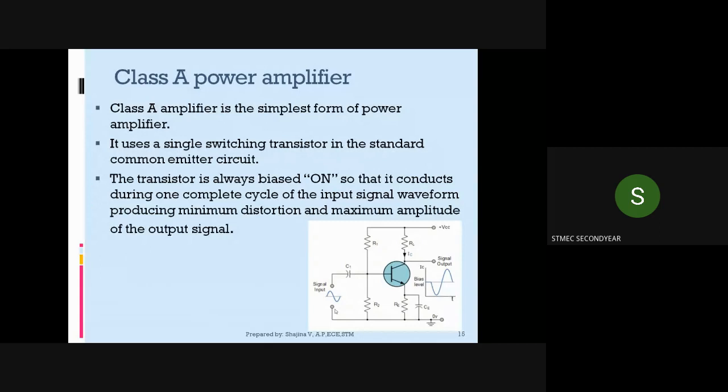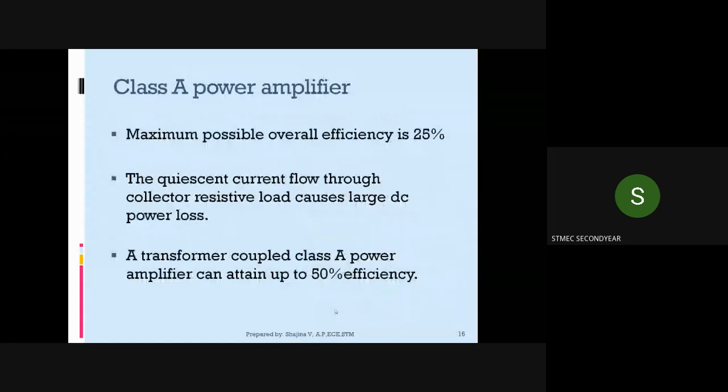By using this configuration, the maximum attainable efficiency is 25%. It is also a theoretical value. Practically, the efficiency will be less than 25%. So normally we are not using this configuration because the efficiency is very low here. The maximum possible overall efficiency is 25%.